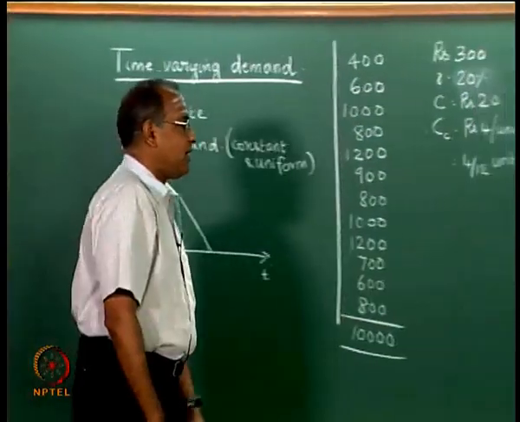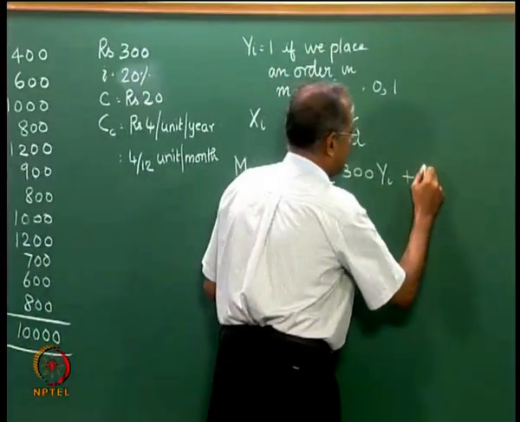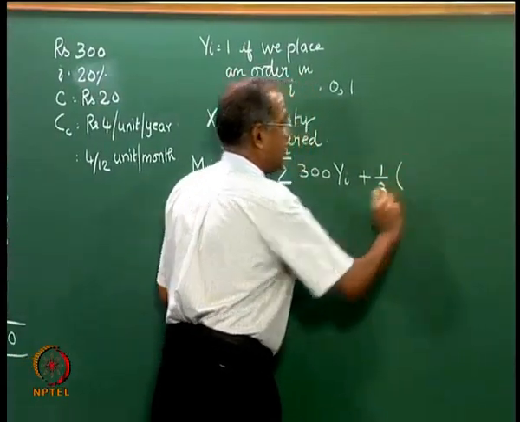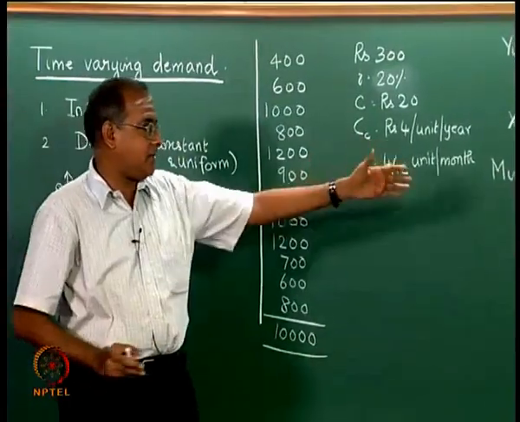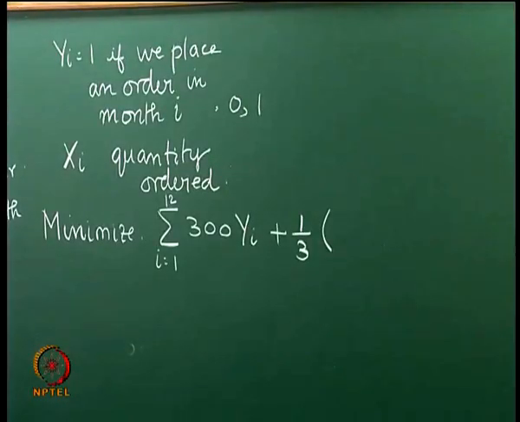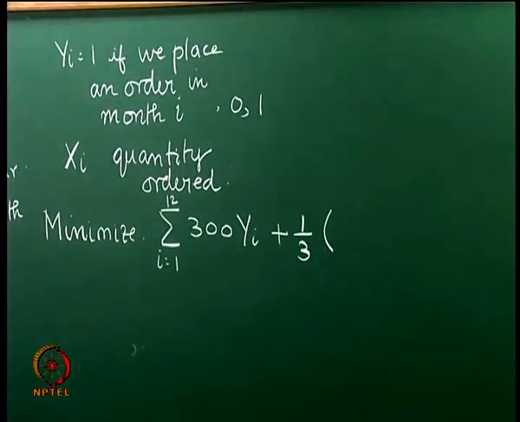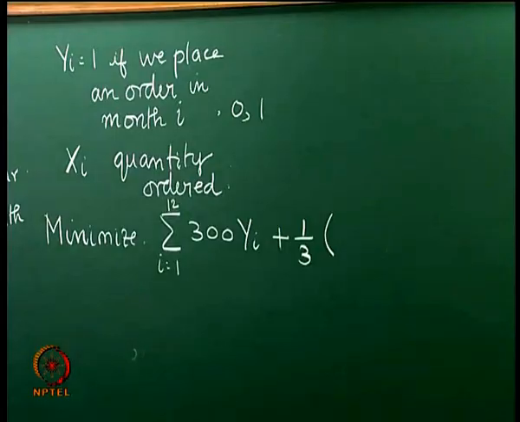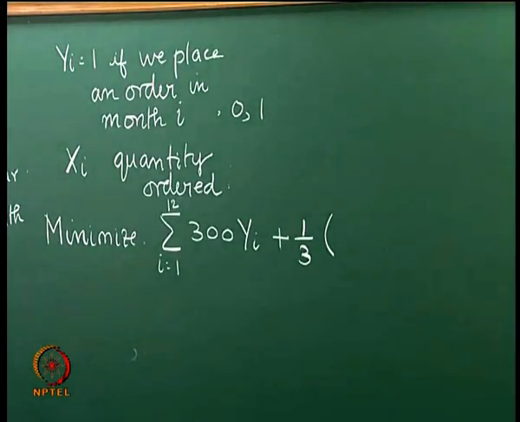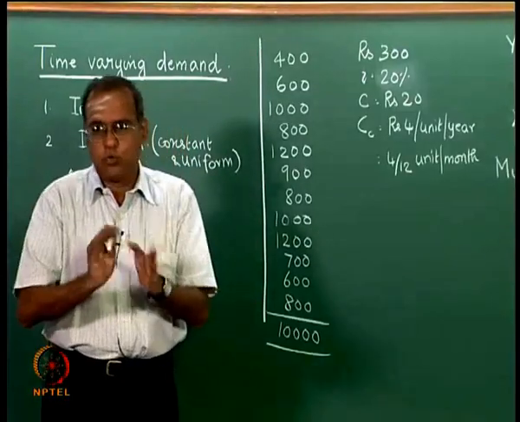So the inventory holding cost will be plus 1 by 3 into, now we are going to make another assumption that we are going to charge the inventory for the ending inventory in that period. Normally inventory can be charged in two ways.